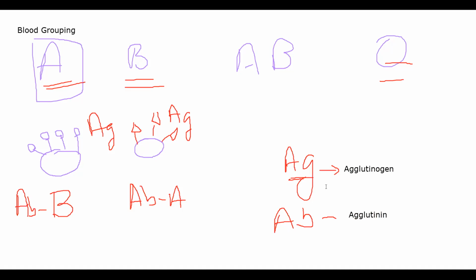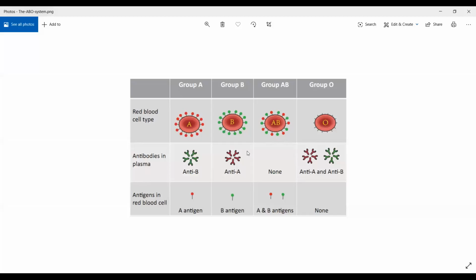ठीक है. That's simple. If you look at the different types of blood picture, I will show you. One second, one image is there. इधर है. Yeah, ये देखो.